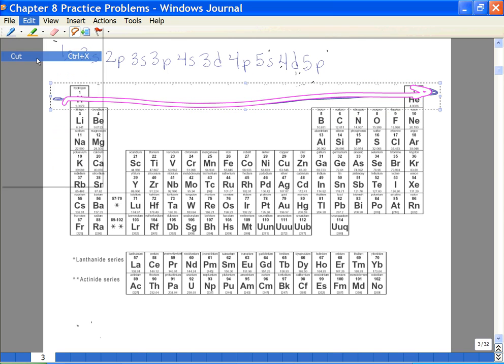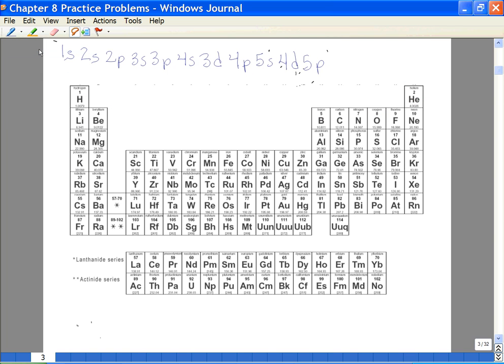All right. So I'm going to put my numbers back on the periods. Now let's look at the example selenium. Selenium is located right here on the periodic table.